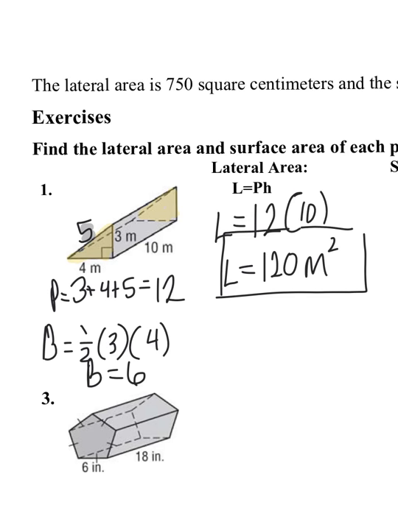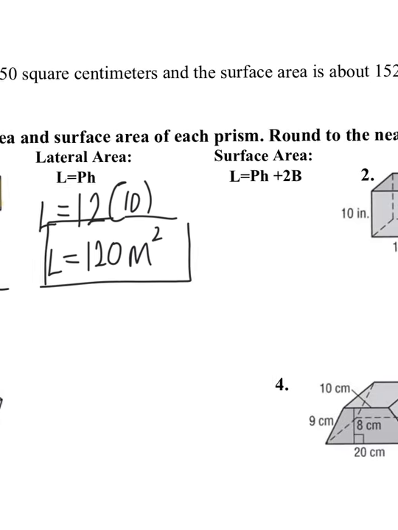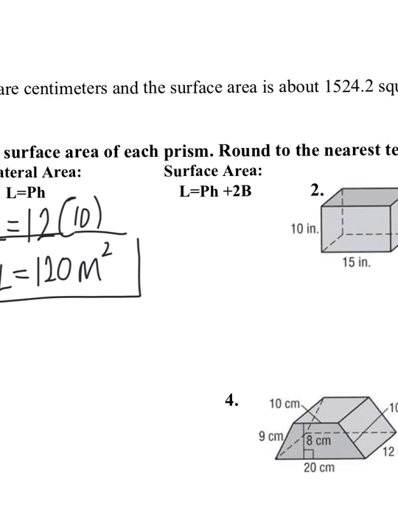Now we'll get into total surface area. And on our notes, we're going to change this L to an S. Okay, total surface area is the lateral surface area plus the two bases. So total surface area, the lateral that I just found. Whatever number you get for the lateral, you're going to plug it in right here. Now I can ask you for just lateral.